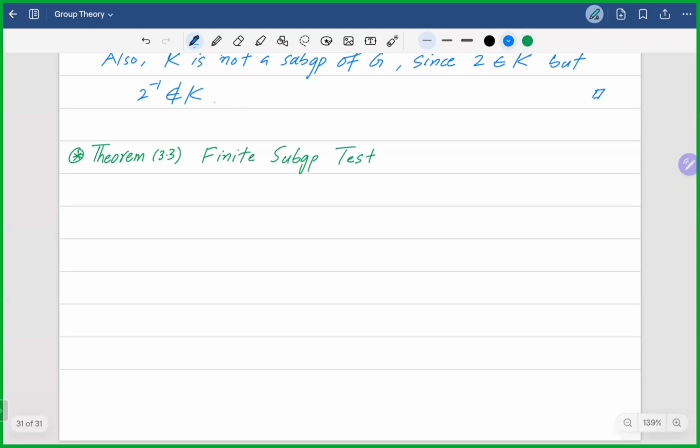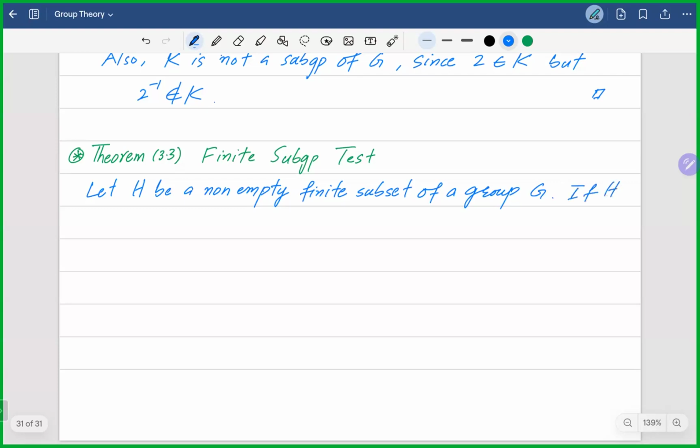The statement is: let H be a non-empty finite subset of a group G. If H is closed under the operation of G, then H is a subgroup of G.